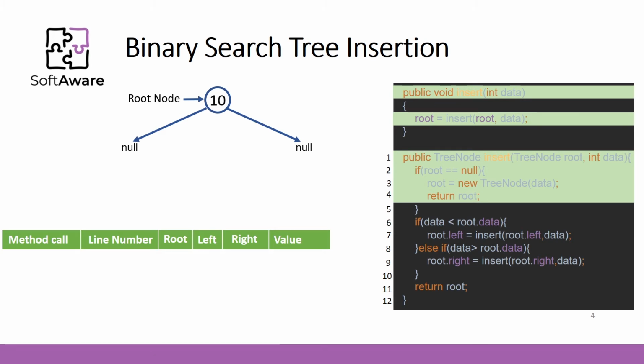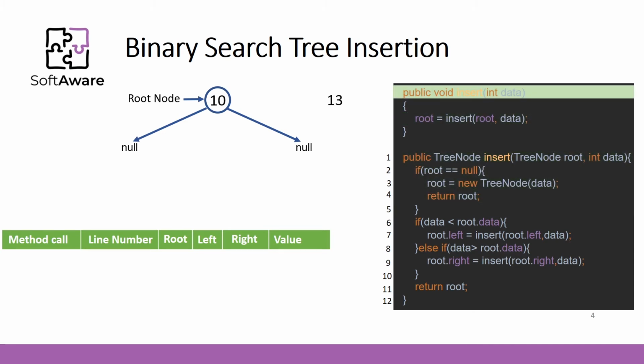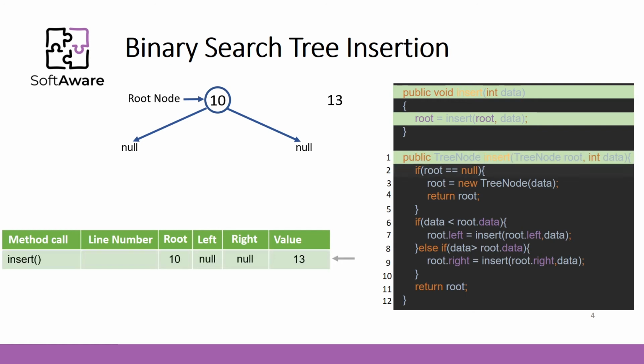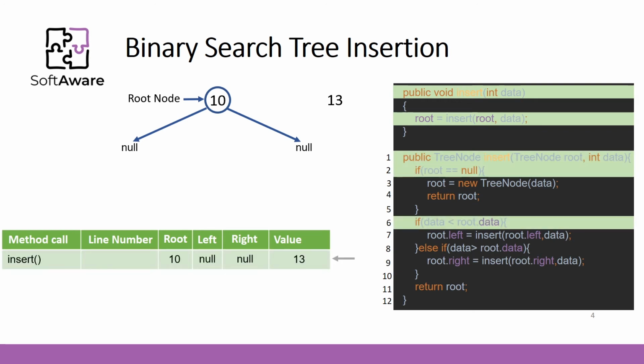Next, let's insert data element of 13 in our binary search tree. We know that tree node's root is 10 and data to be inserted is 13. We also know that our binary search tree is no longer empty, so we skip the first if statement. And now check if the data is smaller than root's data. 13 is bigger than 10, so we skip to the next if statement.